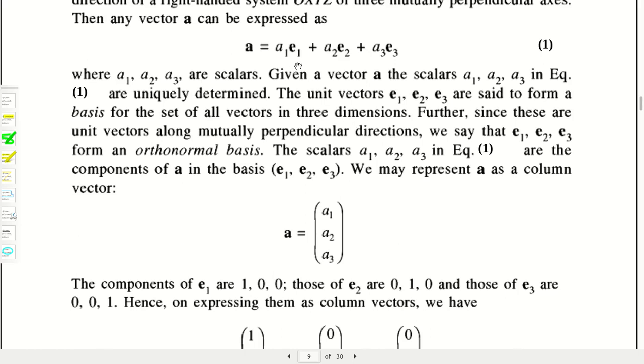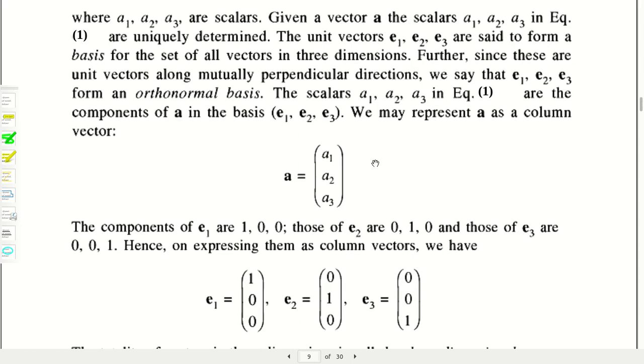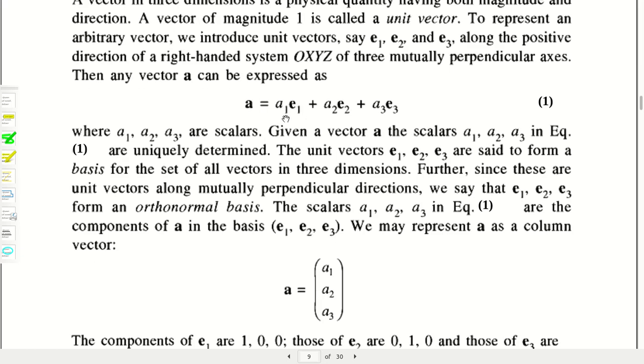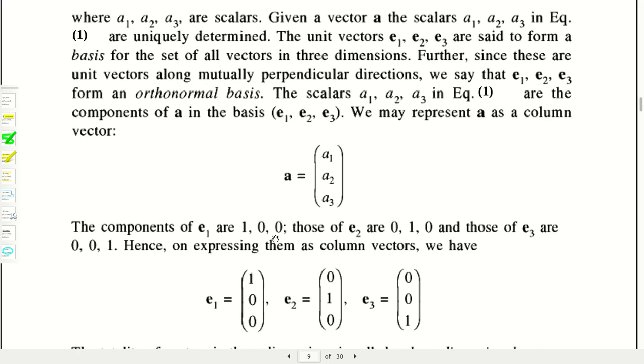Then this equation is satisfied by this assumption. That is, a1, a2, a3 is on the left hand side, and if you multiply the e1 matrix by a1, where e1 is 1 0 0, then the a1 element will come at the first place.